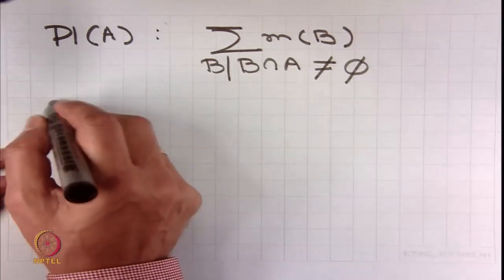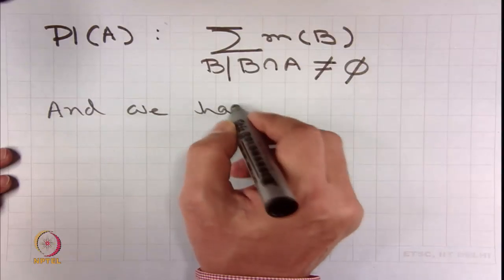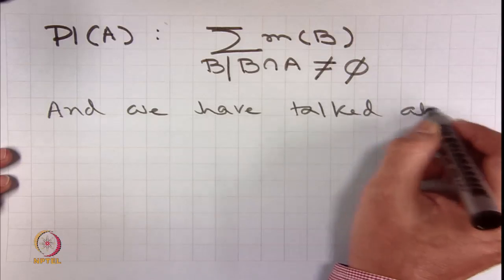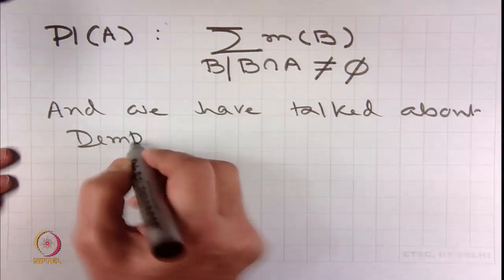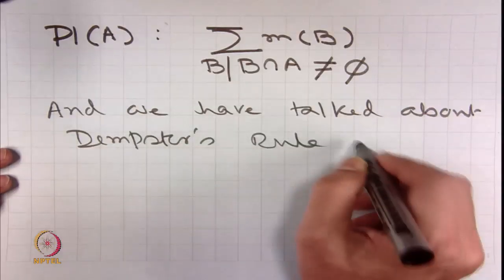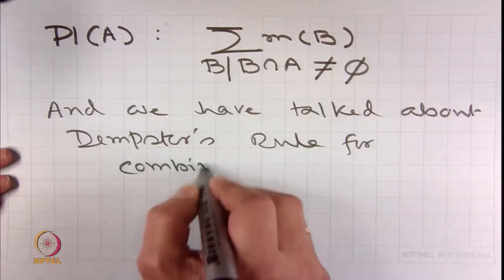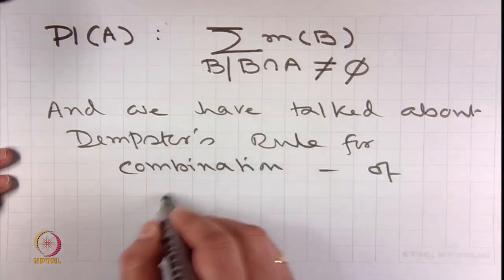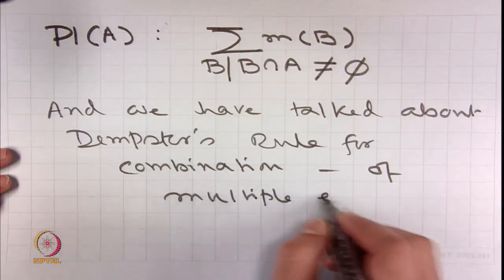And we have talked about Dempster's rule for combination. In fact, it is combination of multiple evidences.